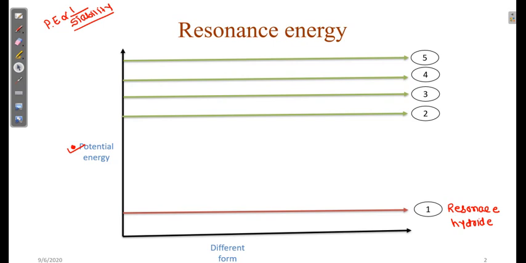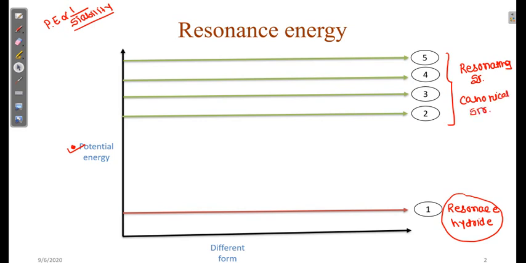This is known as the resonance hybrid. After that, these are my resonating structures, or canonical structures. Among these 4 structures, they have almost equal, near to the same, energy.